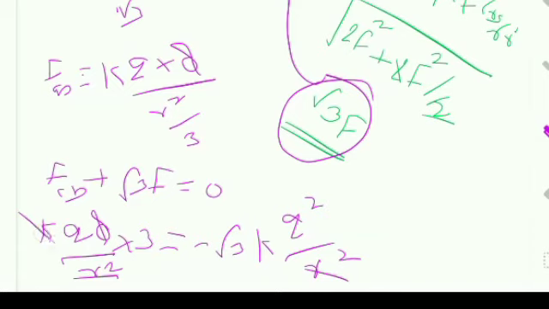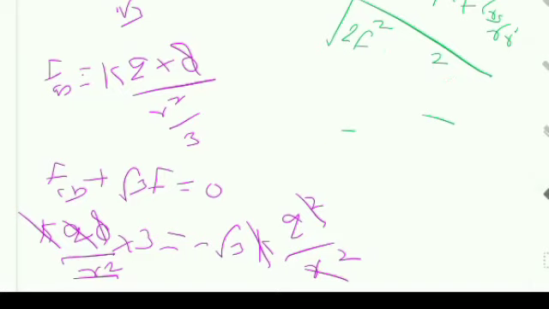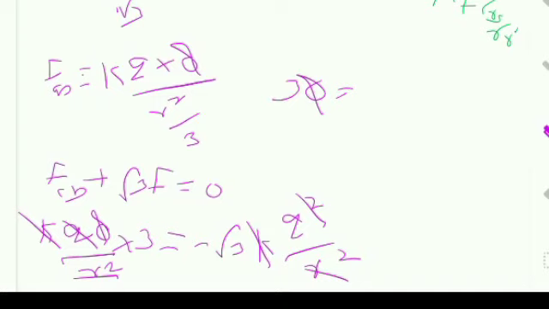R square cancels, k cancels, small q also cancels. Again remaining values: 3 capital Q is equal to under root 3 small q.